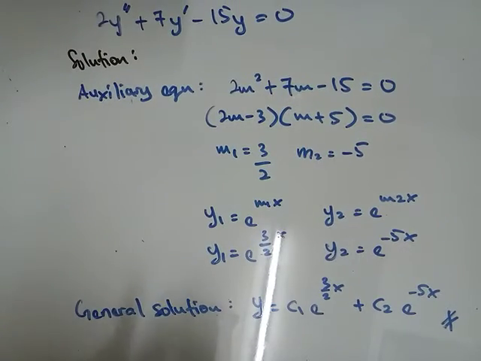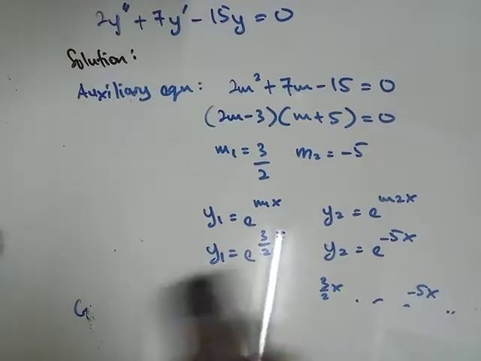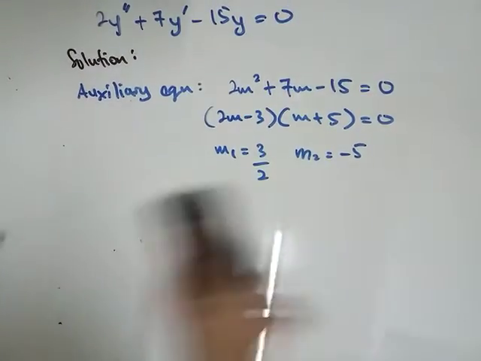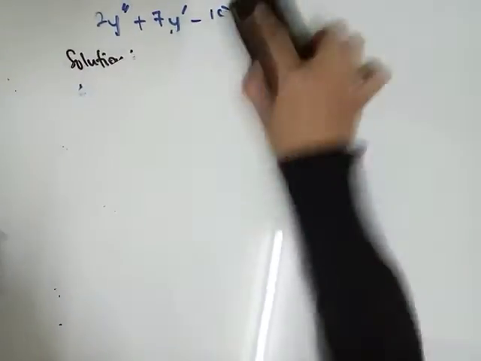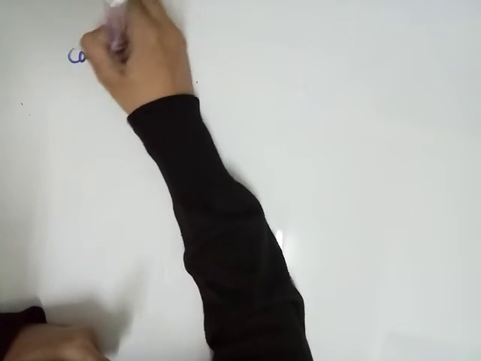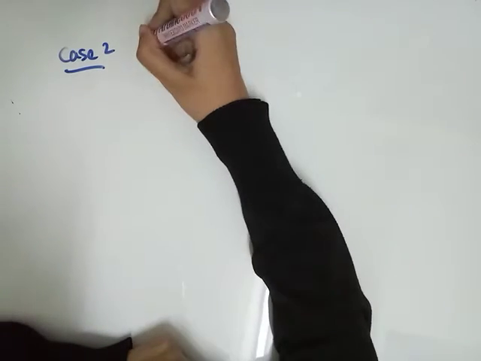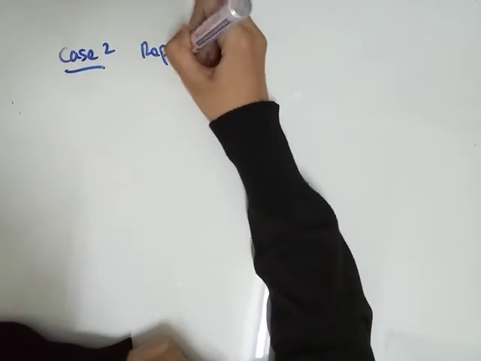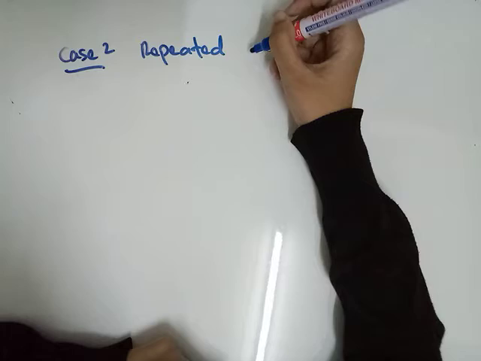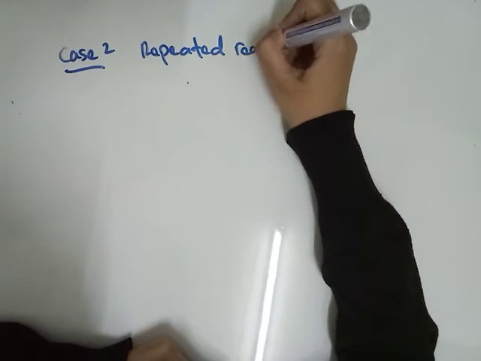So, what about case 2? This is case 1, okay? We have 3 different cases. So, for case 2, we call it repeated roots, repeated real roots.